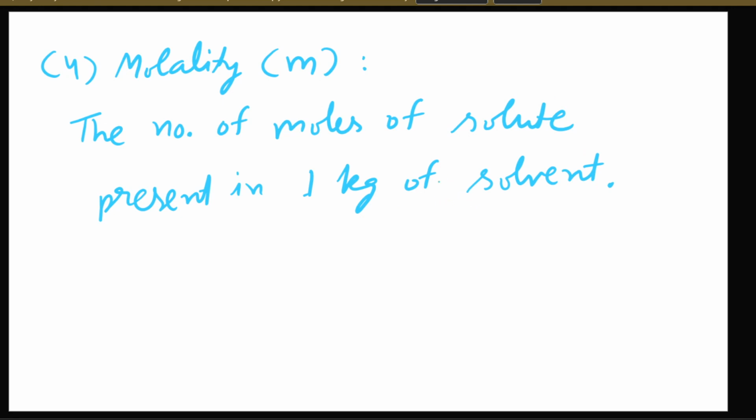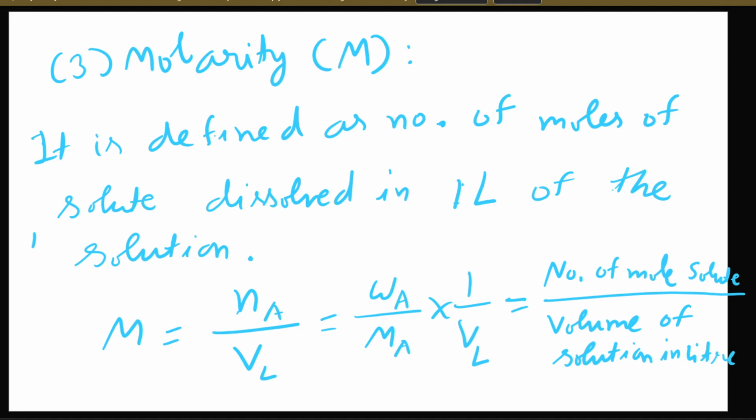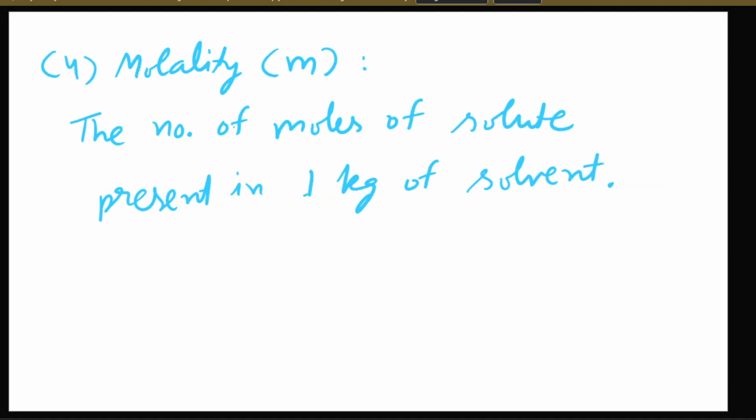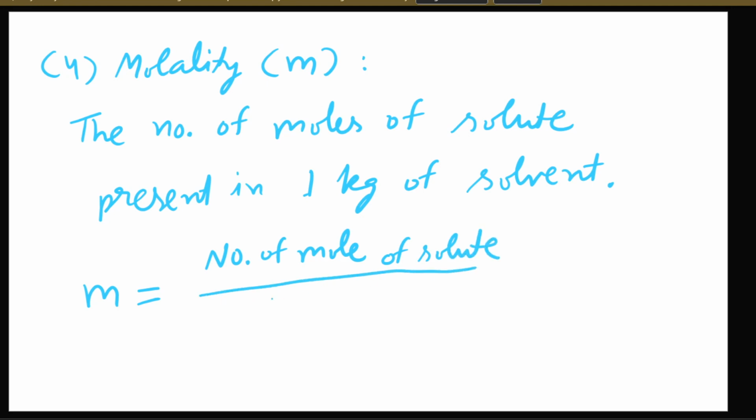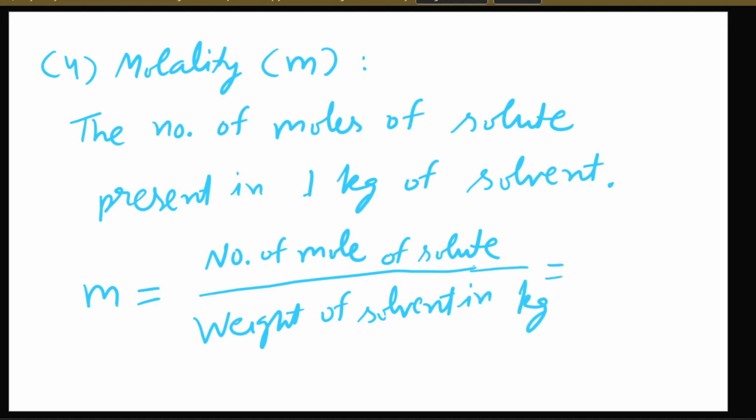Molality depends on mass, so it is independent of temperature. But molarity depends on the volume, so it is dependent on the temperature. The formula of molality is the number of moles of solute divided by the weight of solvent in kilogram, not solution. Here we take the weight of the solvent, not the solution.